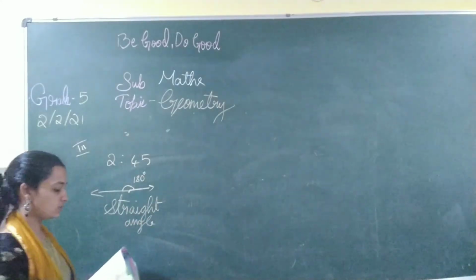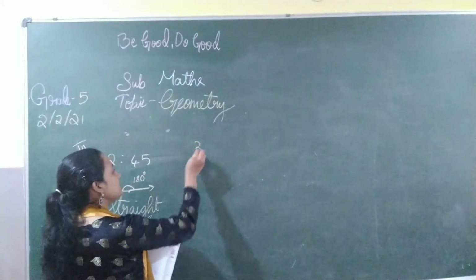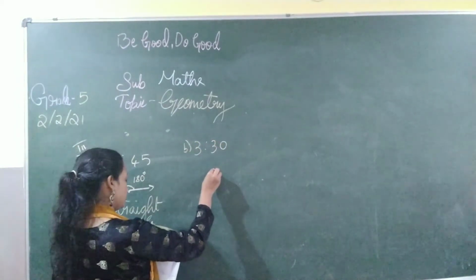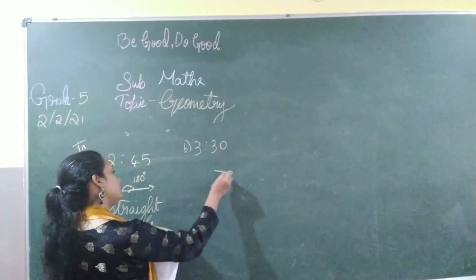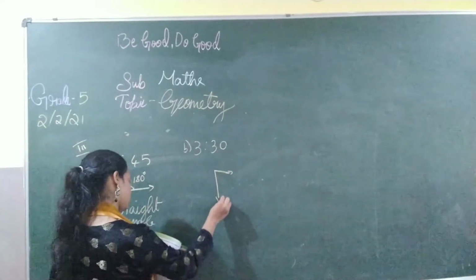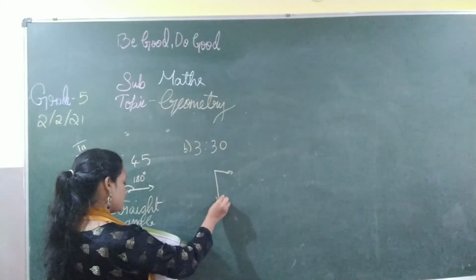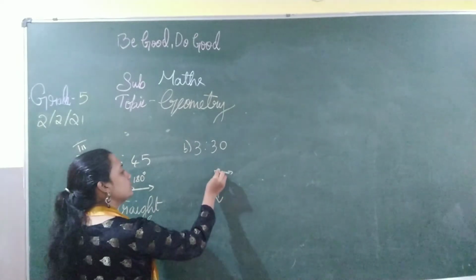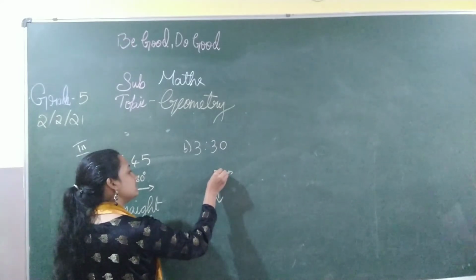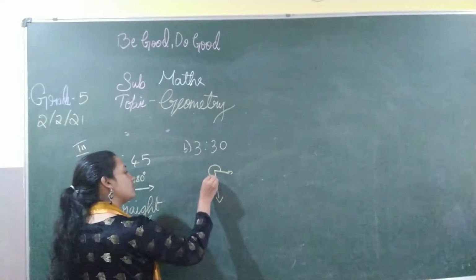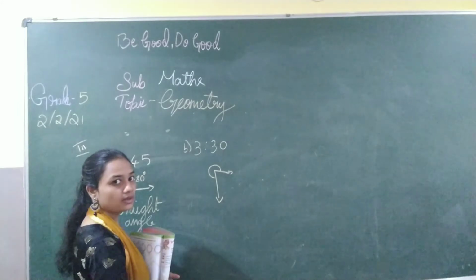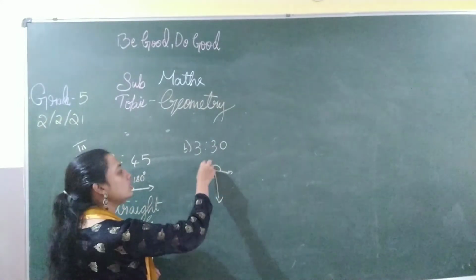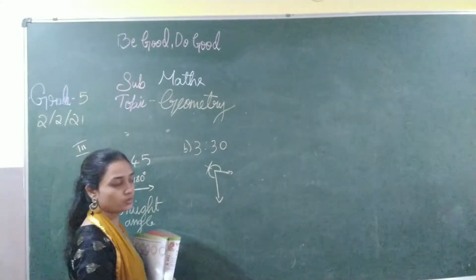So try the next one. 330 degree. So it is 3 here, 30 here. Okay. So now you can do it in two ways here. One, you can take the angle starting from here. But will the clock go in this way? No. So you should never take it in this way.